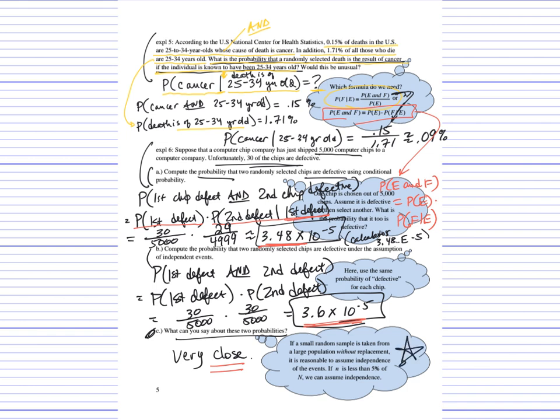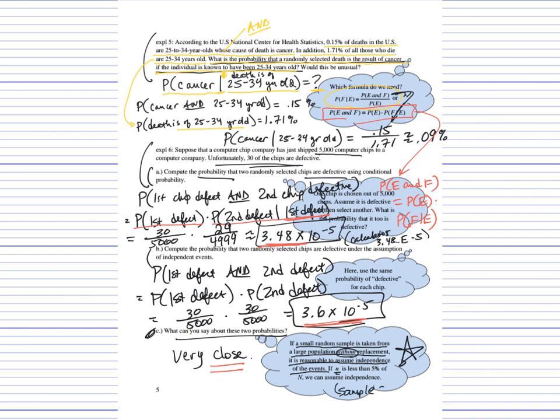And it goes like this. If a small random sample is taken from a large population without replacement, which you're assuming is the situation here with these computer chips, right? You wouldn't take out a chip, test it, and then put it back in the box. It is reasonable to assume independence of the events. If n, the sample size, right?